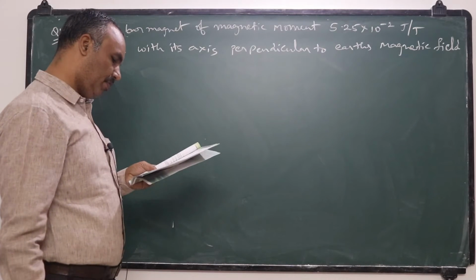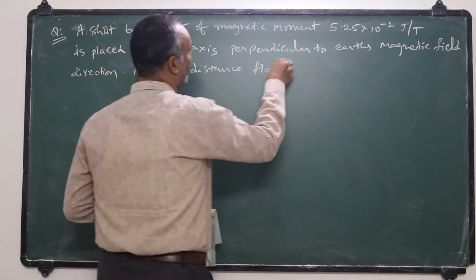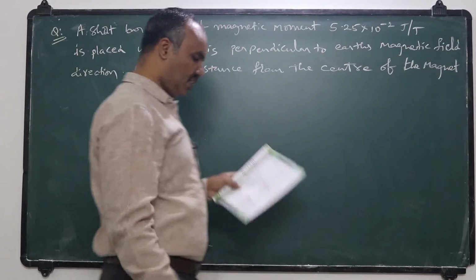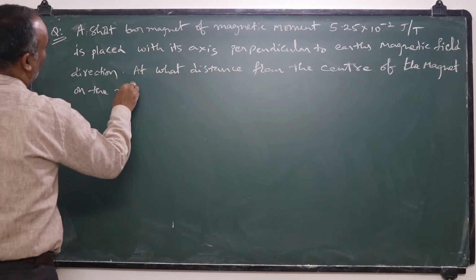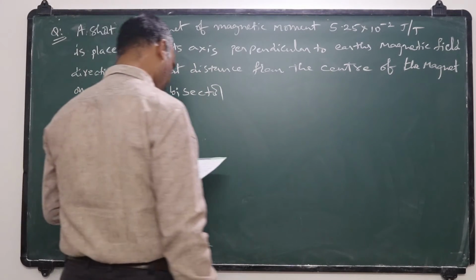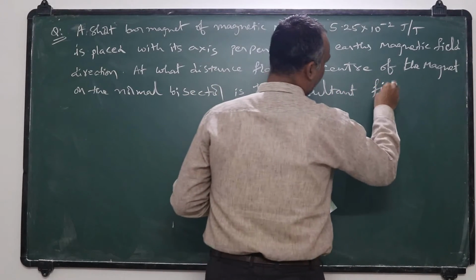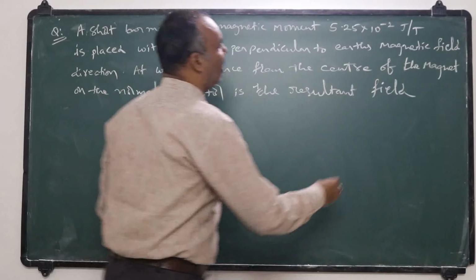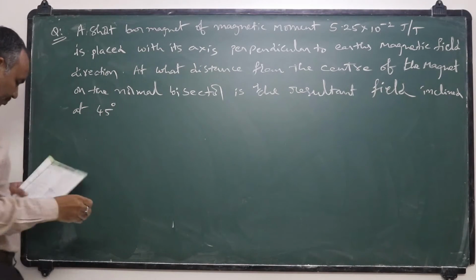At what distance from the center of the magnet on the normal bisector is the resultant field inclined at 45 degrees with the Earth's field?